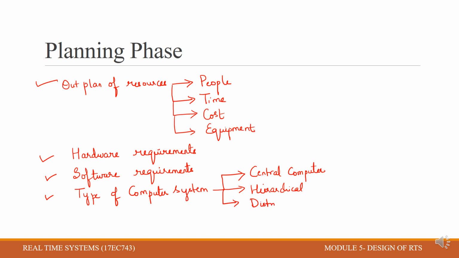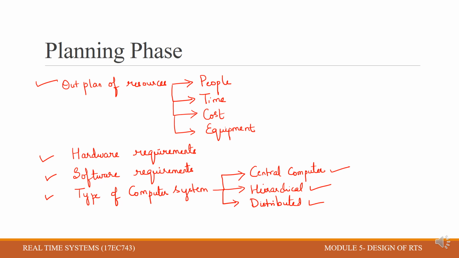So at the planning phase, it is necessary to make a preliminary assessment of the type of computer system to be used. These are the basic things we need to take care of during the planning phase.